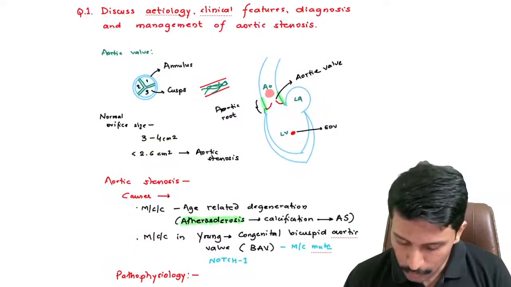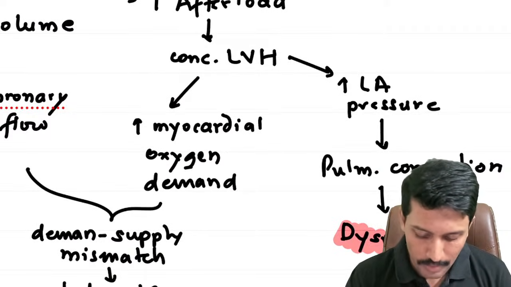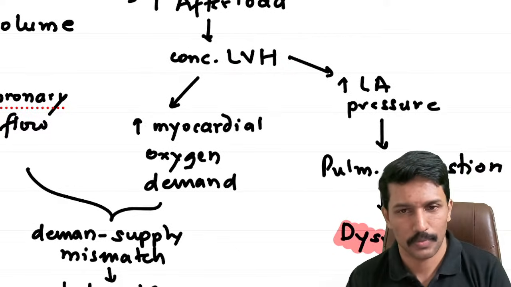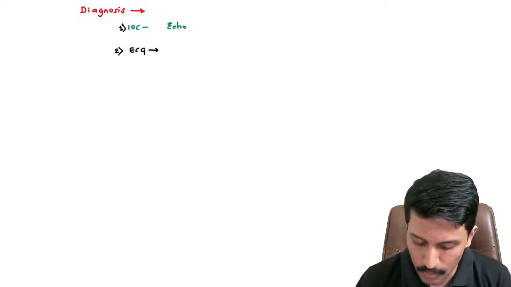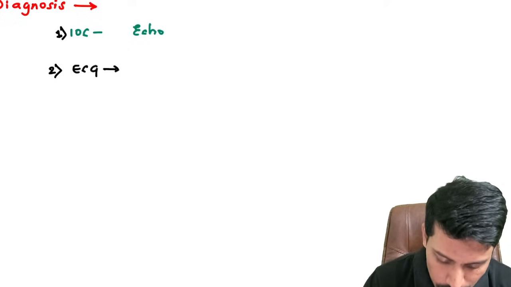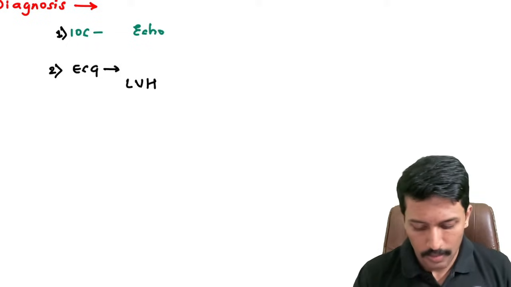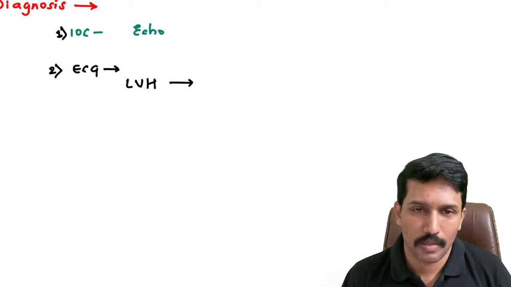We just learned in pathophysiology that there is left ventricular hypertrophy, and it can be recognized on the ECG. Nothing more we can probably see, but we can see left ventricular hypertrophy.